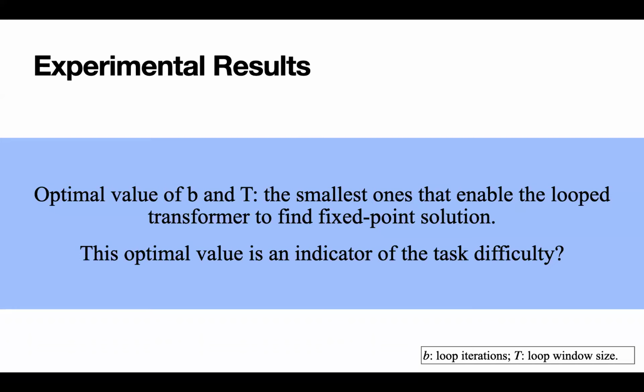Quick question. The motivation of the loop transformer is performing gradient descent. Have you ever visualized the loss surface of those functions, and then visualized the path of the output of the loop transformer at each loop iteration? Yeah, we tried to visualize in 2D settings where it's easy to see, but it is not like gradient descent.